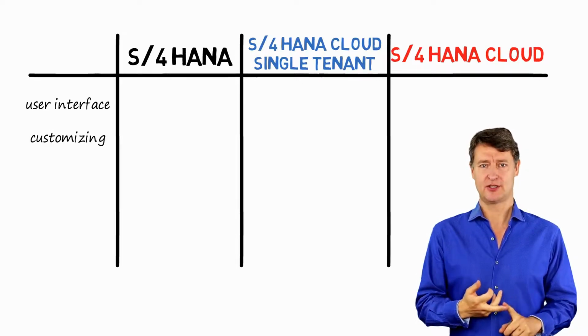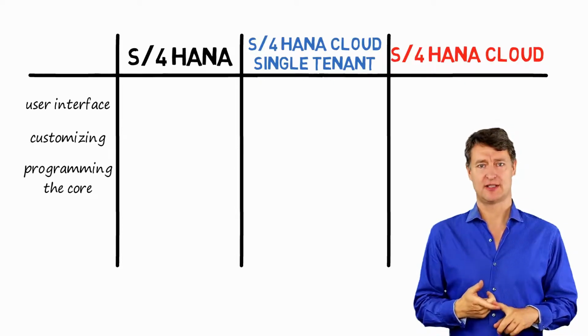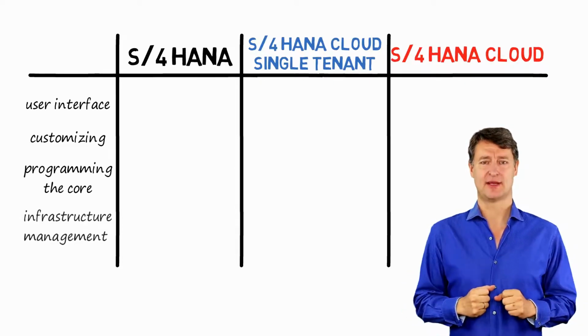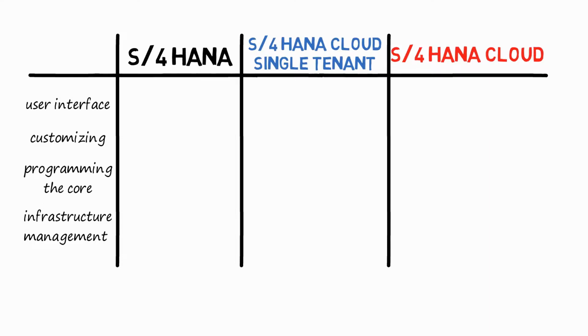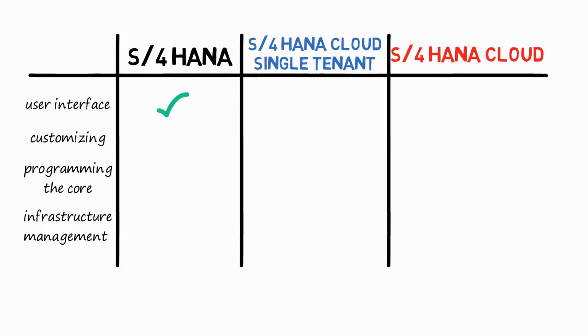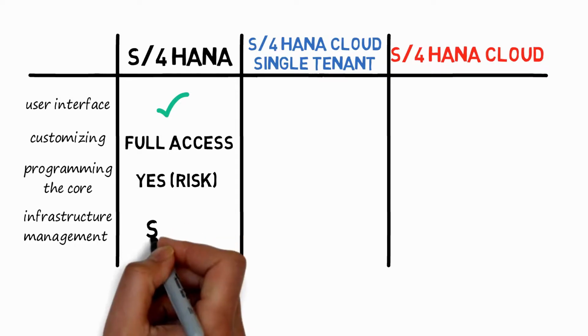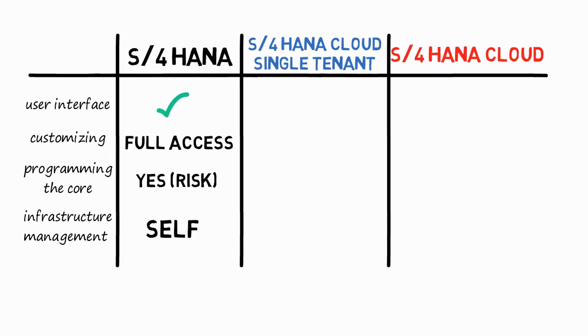The third dimension is the programming dimension. The fourth dimension is the infrastructure management dimension. The S4HANA on-premise version has access to all dimensions. You can make your own interfaces, you have full access to customizing, you can program the core, and you have to manage the infrastructure yourself.